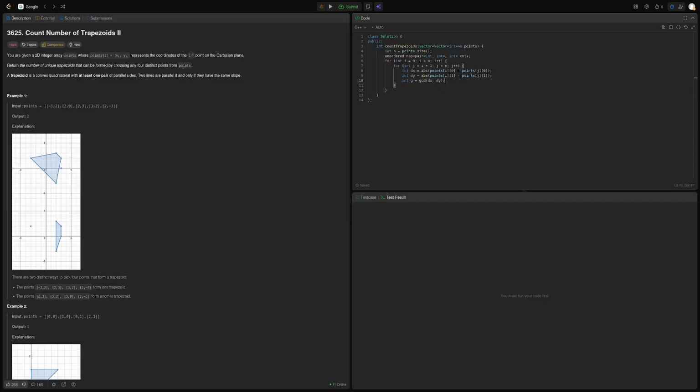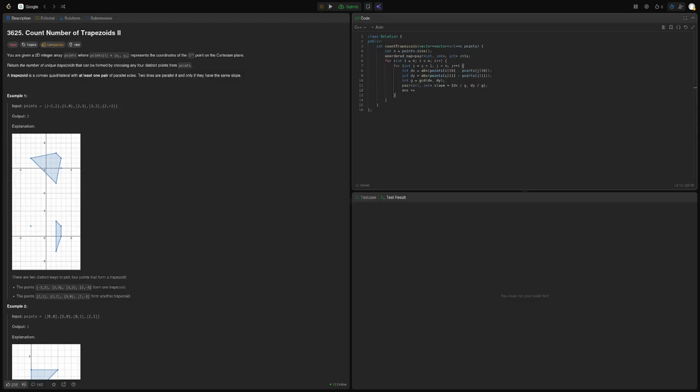And then what we want to do is count of dxg and dyg plus plus, or auto slope is dxg, dyg, and then ans.